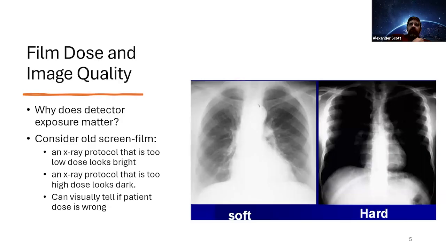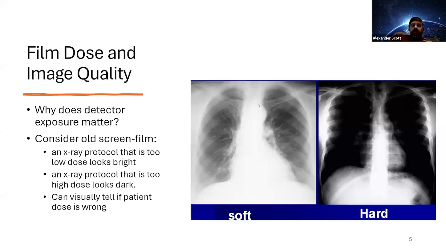Well, so I mentioned the issue of image quality, and that's why the detector exposure matters. So I don't know, there's got to be some people who are as old as me and have some memory of screen film. When I got to Cedars, we still had some affiliates that used screen film. So the image quality is tied to the technique and therefore the film dose.